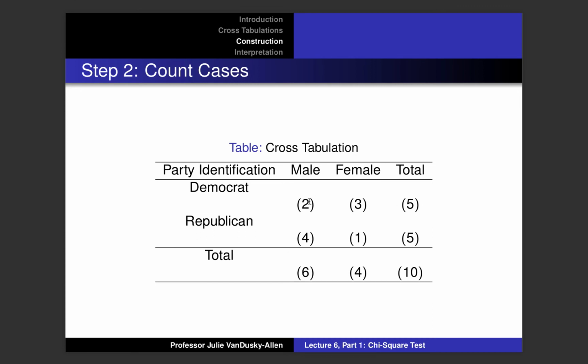So in the first row, 2 plus 3 is 5, and in the second row, 4 plus 1 is 5. And then last, you calculate the total number of observations. So 5 plus 5 is 10, or alternatively, 6 plus 4 is 10.